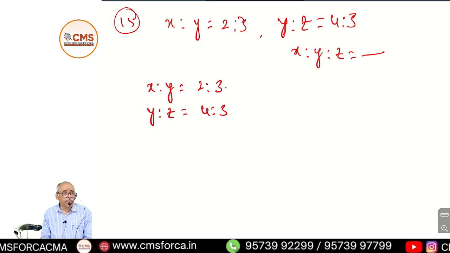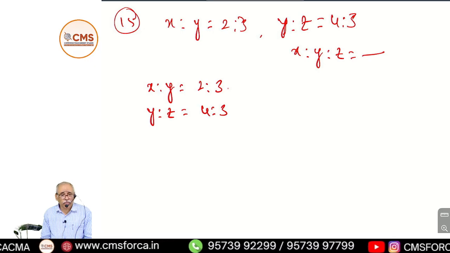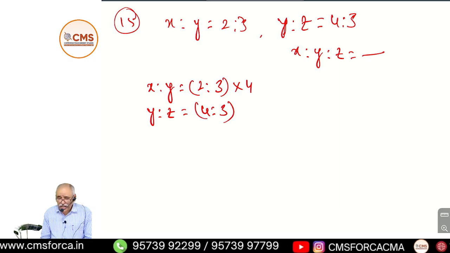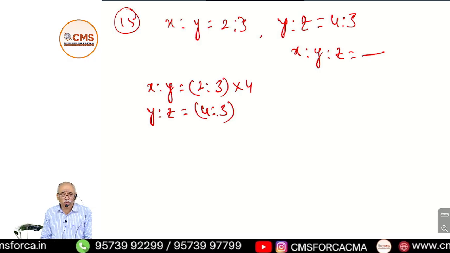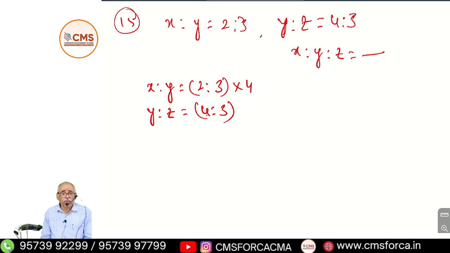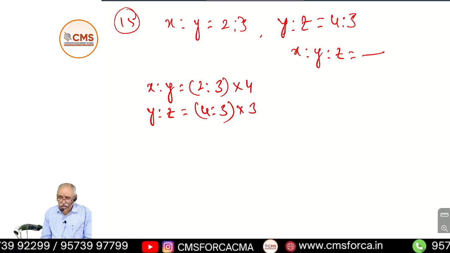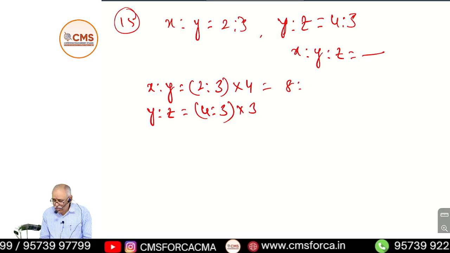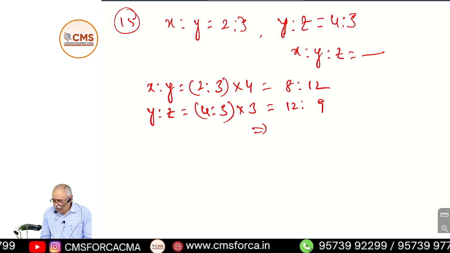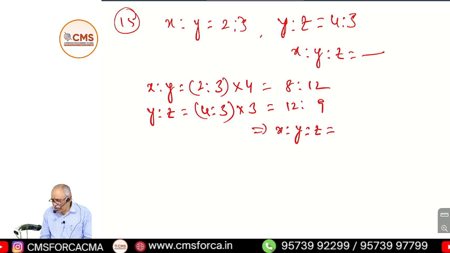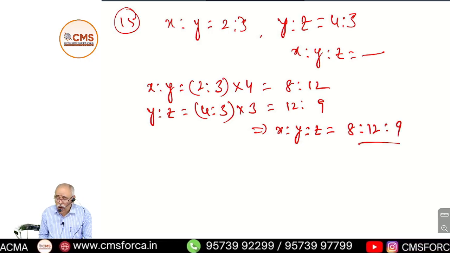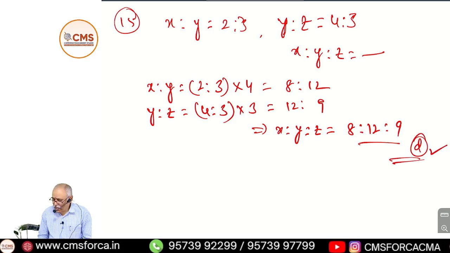LCM by the second term in the first ratio, 12 by 3, is 4. Multiply the first ratio with 4. For the second one, since the LCM is 12, 12 by the first term, 12 by 4, is 3. So multiply the second ratio with 3. That means 8 is to 12. The second one becomes 12 is to 9. Therefore x is to y is to z is equal to 8 is to 12 is to 9. So option D is correct.